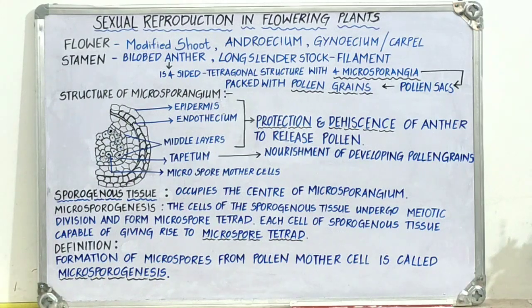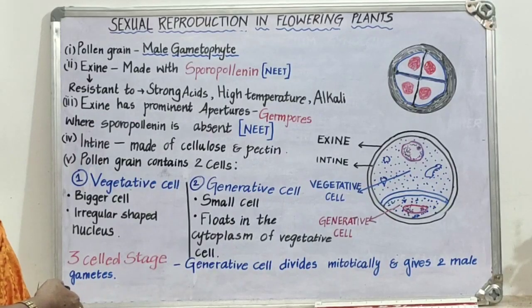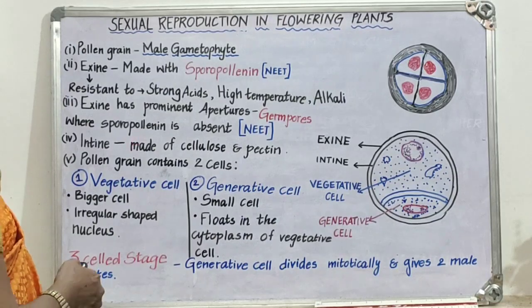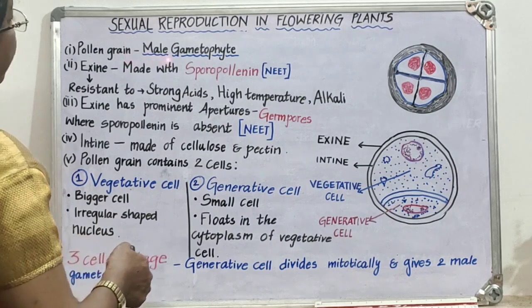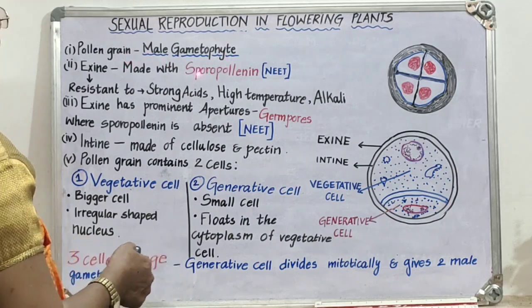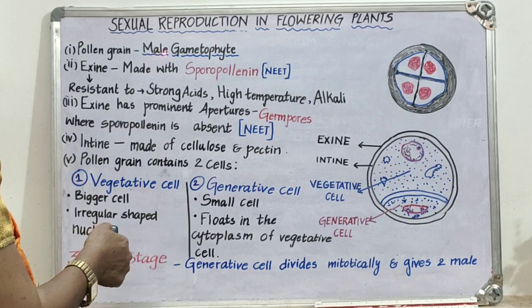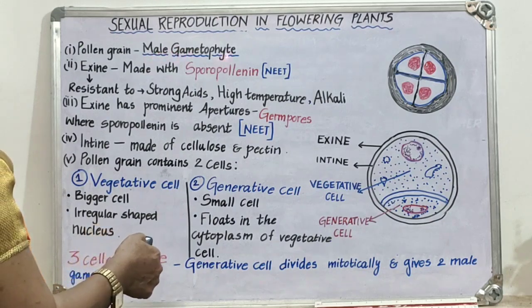Now, the bilobed anther breaks. When it breaks, the pollen will be released. Pollen grain represents the male gametophyte. Already I told you. Now students, pollen grain is considered as male gametophyte.